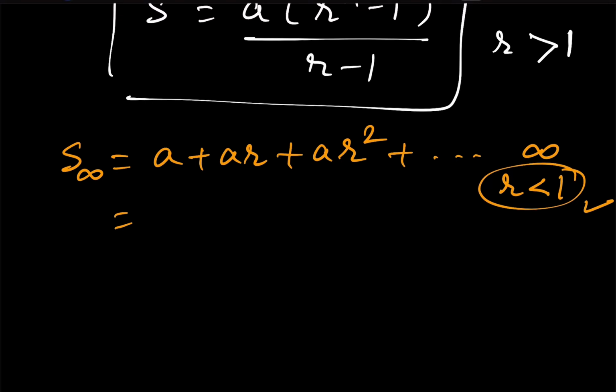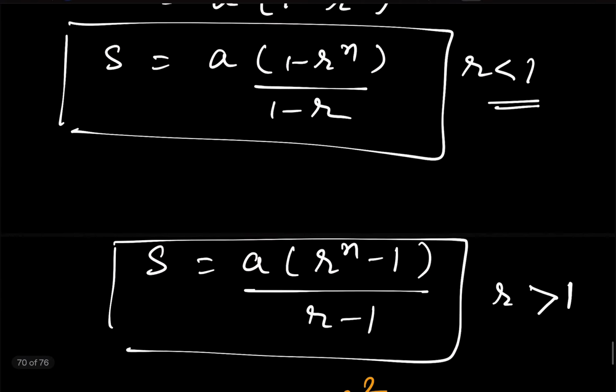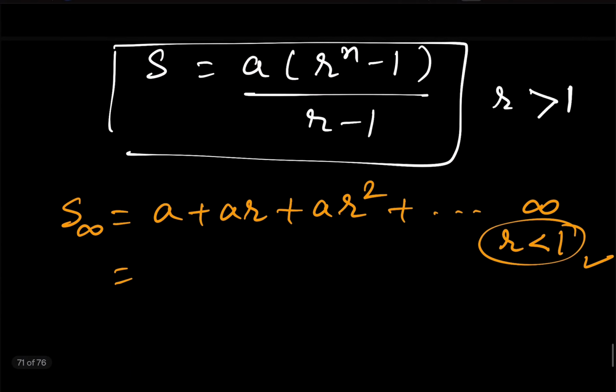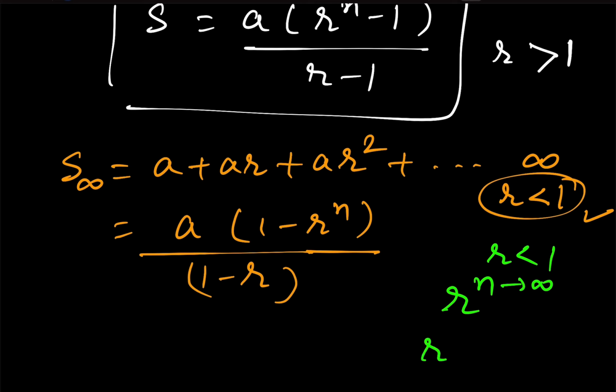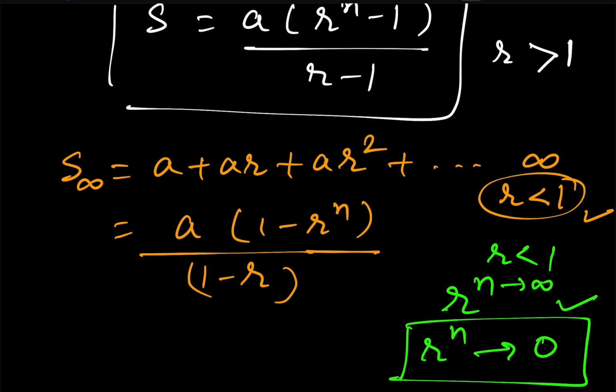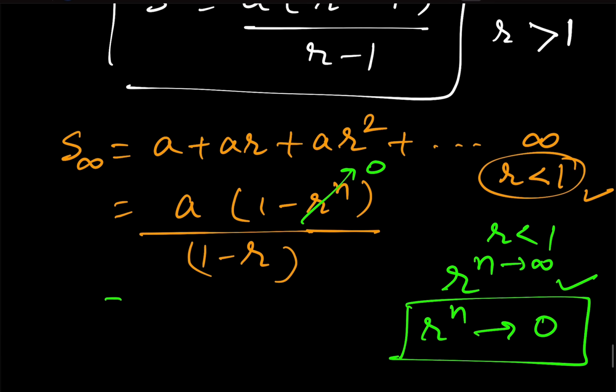So when r is less than 1, in the formula a into 1 minus r to the power of n by 1 minus r, r to the power of n, with n tending to infinity, will become 0 as a limit. So you will get your final answer as a by 1 minus r.